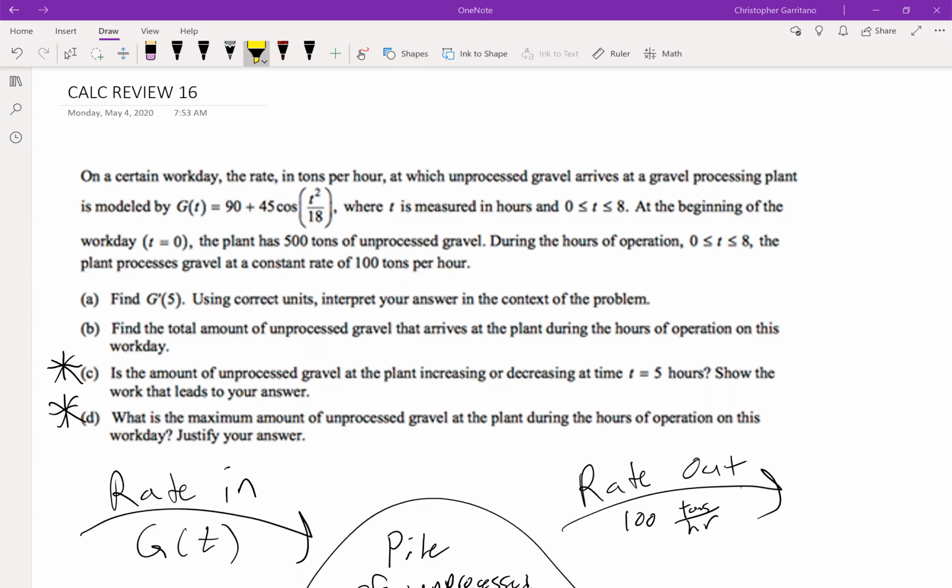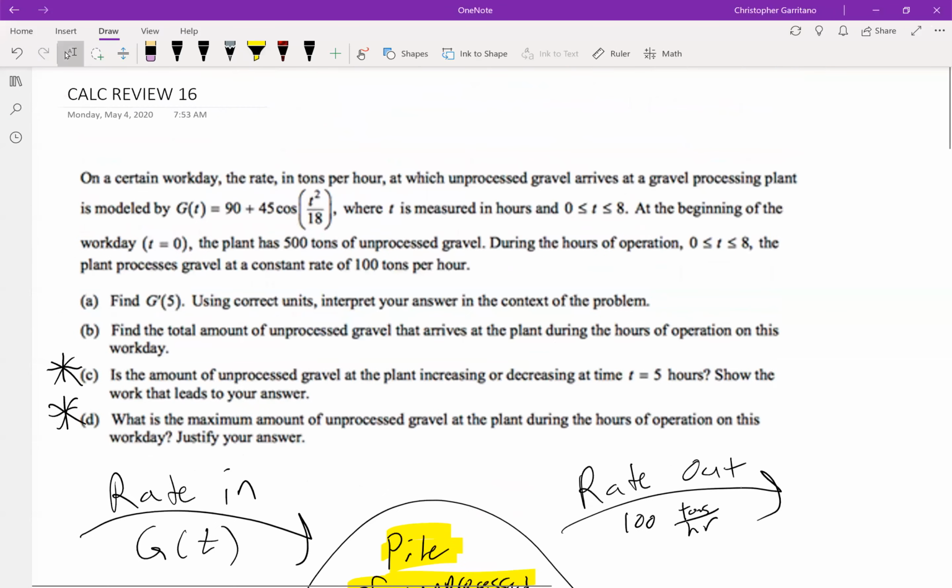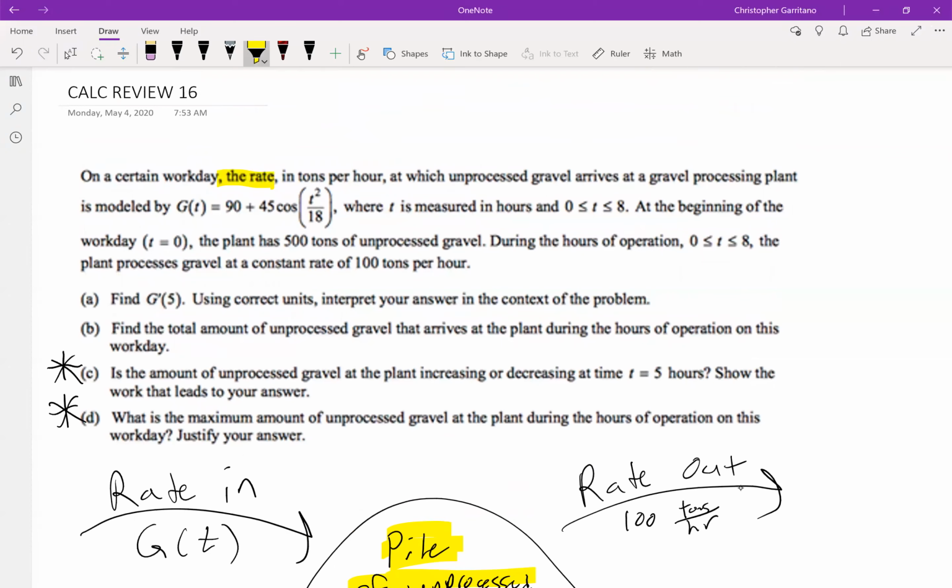So in this situation, we have gravel arriving at a processing plant and also gravel being processed at a processing plant. And the rate at which those two things occur determines the size of this pile of unprocessed gravel. Now the rate at which unprocessed gravel arrives is given by this function.